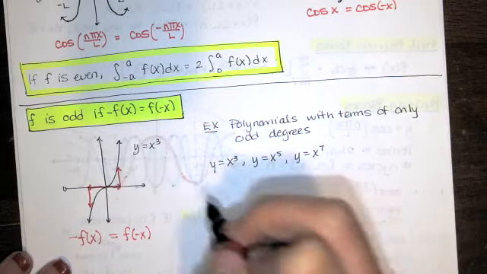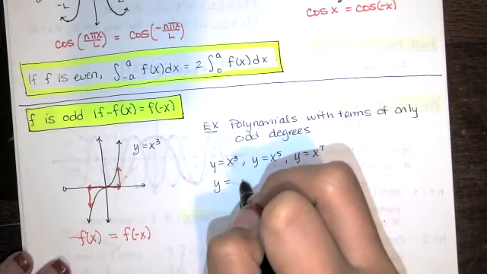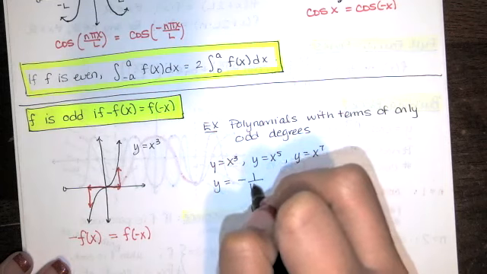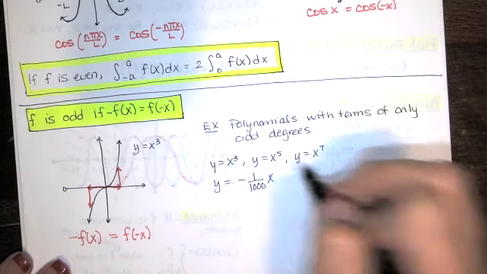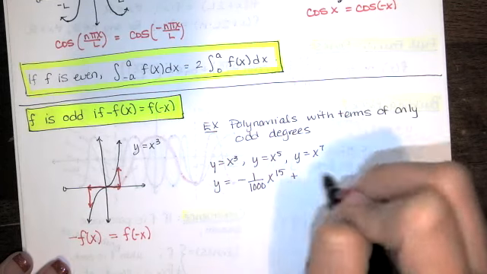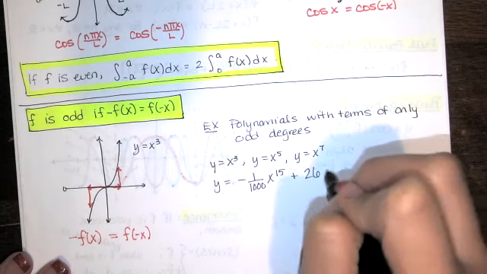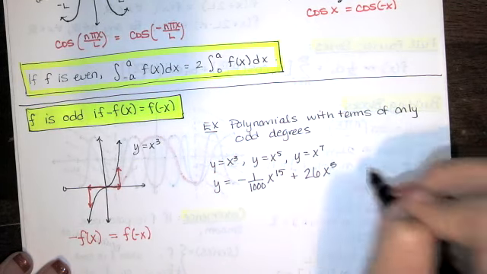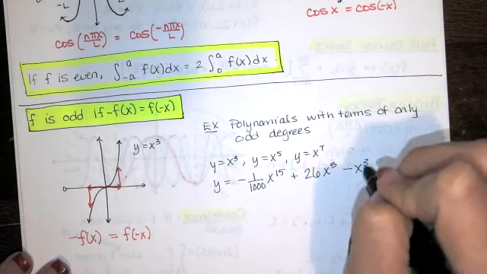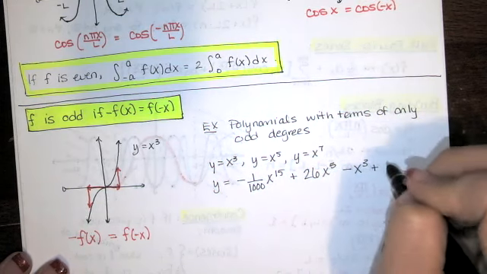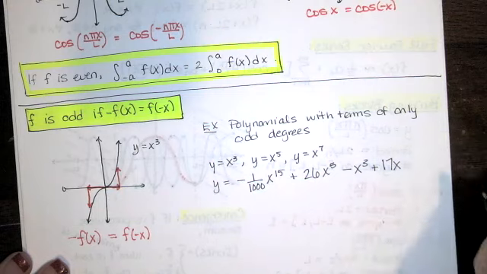But also we can take combinations of those, so y equals negative 1 over 1,000 times x to the 15th plus 26 x to the 5th minus x cubed plus 17x.